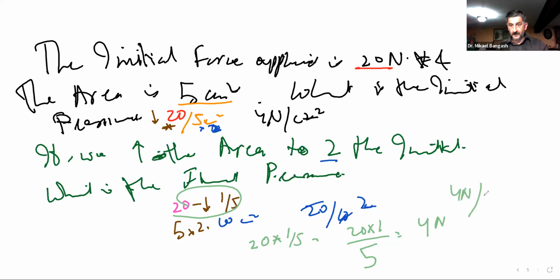Now this 4 newtons is divided by 10 centimeters square. Then what would it be? 0.4 newtons per centimeter square.